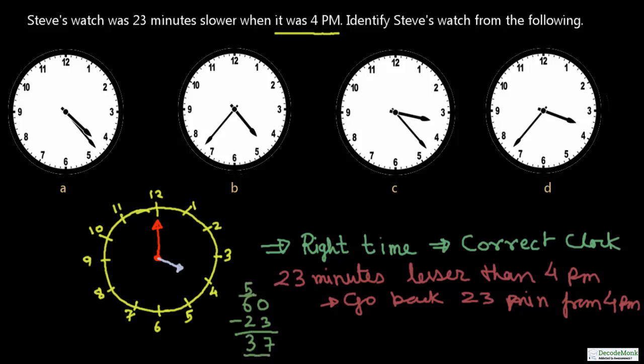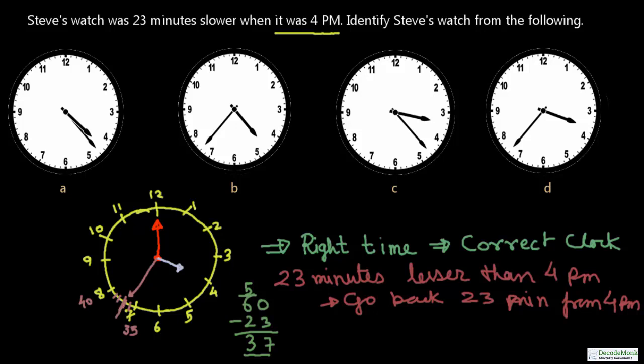So if we go 23 minutes backwards, our minute hand will be at 37. 37 means somewhere between 7 and 8. 7 is the point of 35 minutes, then 36, 37, 38, 39, and 8 means 40 minutes.